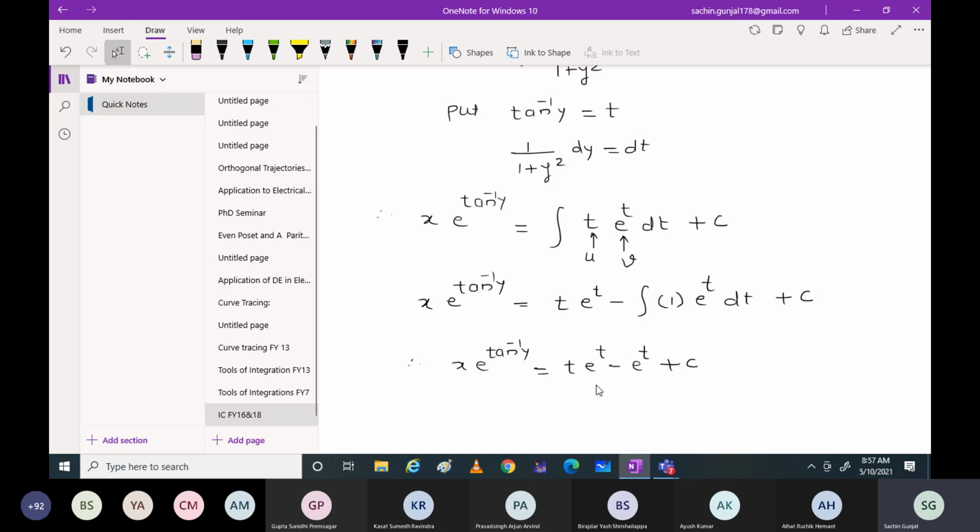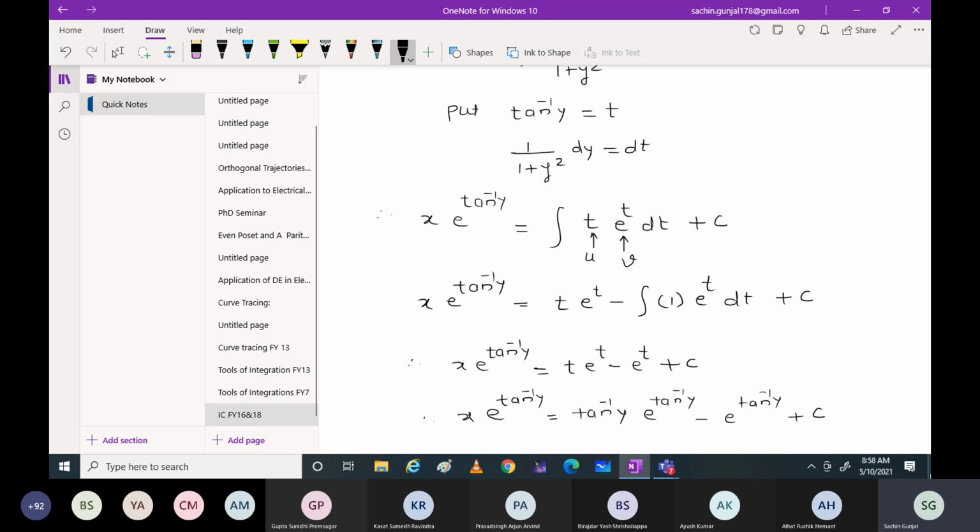So substitute the value of t, and you will get x into e raised to tan inverse y is equal to tan inverse y into e raised to tan inverse y minus e raised to again tan inverse y plus c.